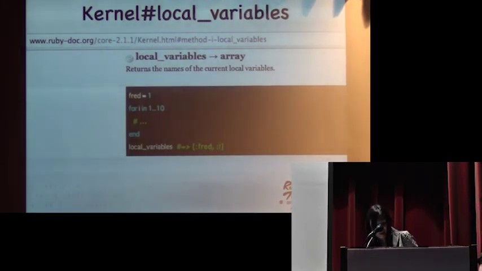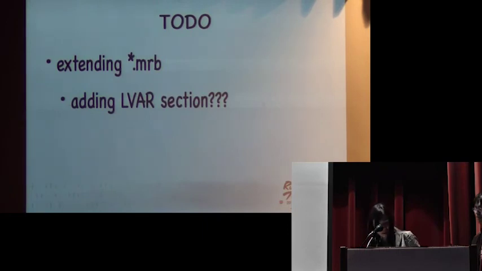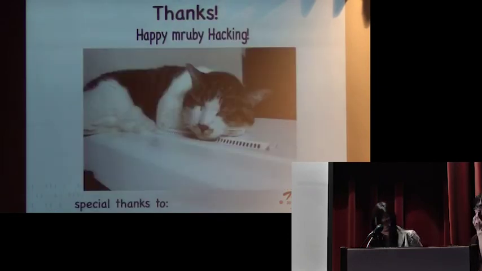Ruby has a method, local_variables, to get the names of local variables. But this method is not used. So we should extend the mruby file format to show local variables. Thank you so much.